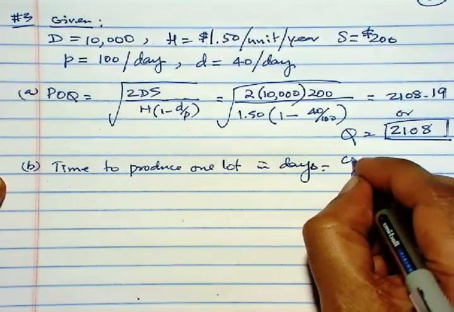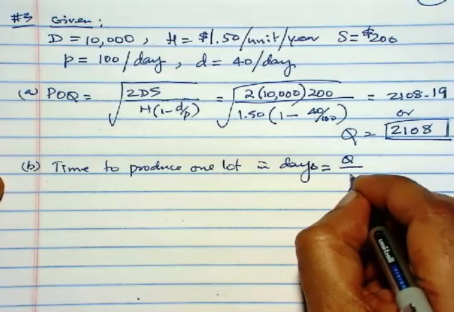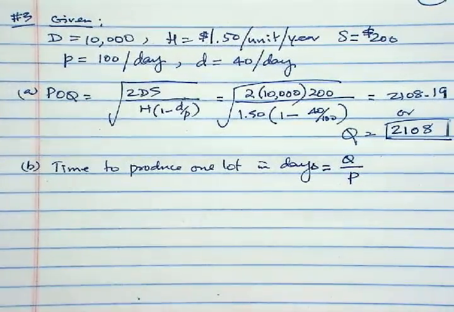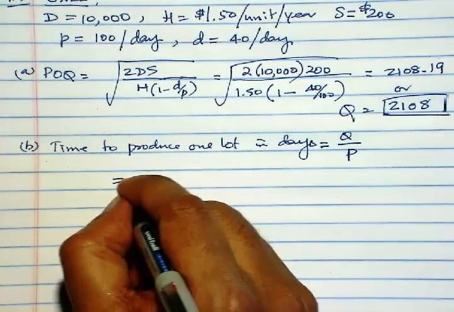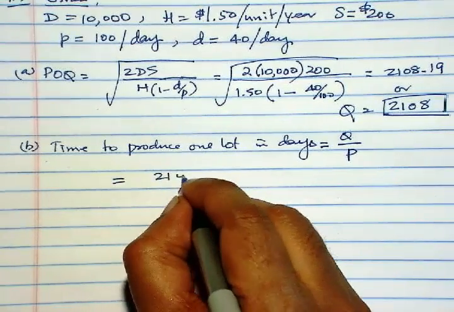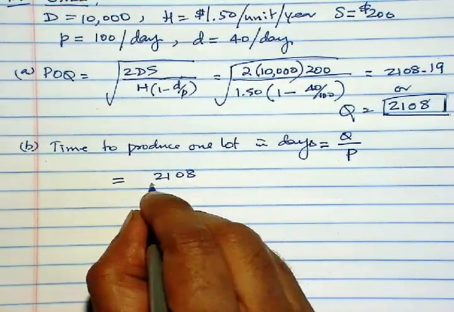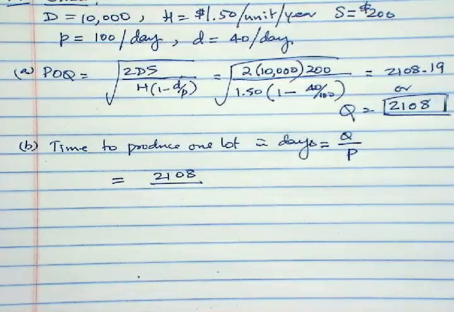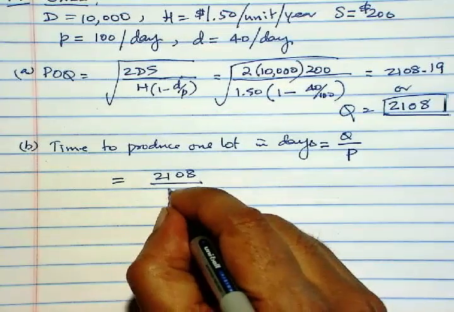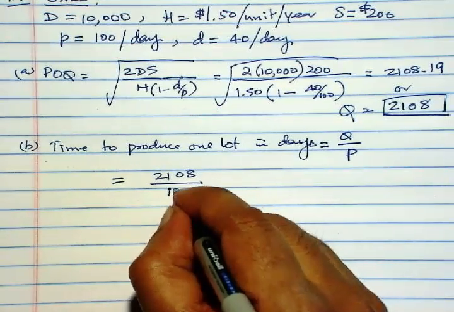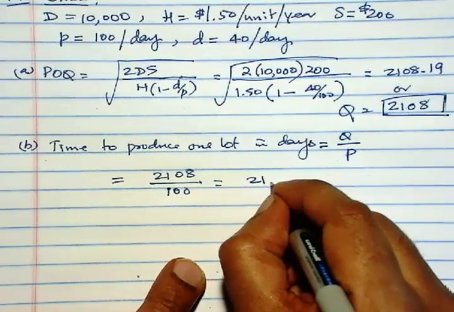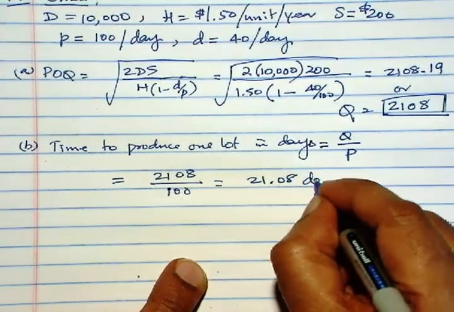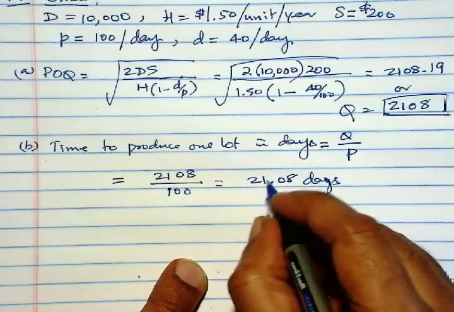So you're producing Q, and you're producing Q at the rate of P per day, and that will give us the answer. So 2108 divided by 100. So that will give you 21.08 days. Again, this is on the average, so you don't have to round it.